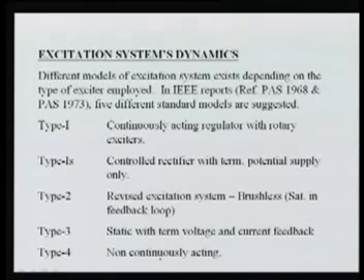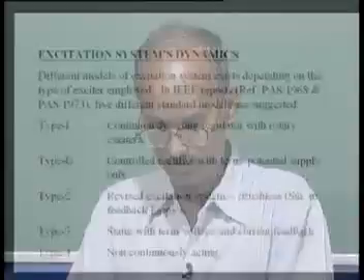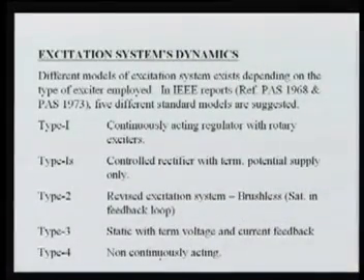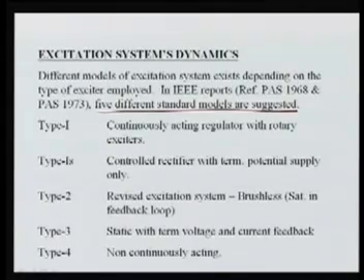To include the dynamics of the excitation system, different models of excitation systems exist, and it depends upon the size of your machine. Various types of excitation systems are used, and IEEE reports have standardized them. Five different standard models of excitation system are suggested. The first is type 1, the continuously acting regulator with rotating exciter, meaning we use rotating exciters.